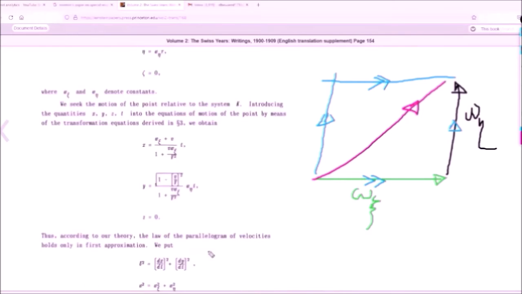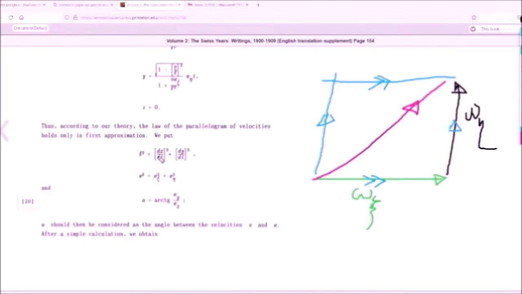He said that the law of parallelogram of velocities holds only to the first approximation. Why does it hold for the first approximation? Because, as you can tell here, this is not linear. We put a certain speed, that is the speed in x and y in the rest frame, and that is the speed in the moving frame. That is the diagonal speed.